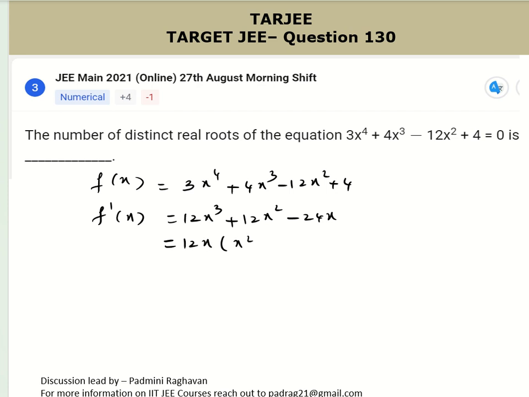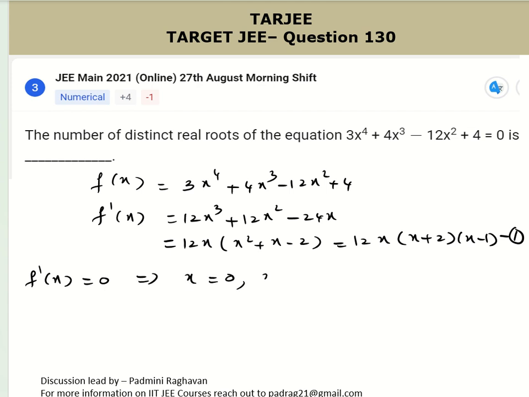You have x² + x − 2, which can be factorized as 12x(x + 2)(x − 1). This is our f'(x). To find the points of maxima and minima, let us equate f'(x) to 0. We get three turning points: x = 0, or x = −2, or x = 1. But we do not know whether these points are points of maxima or minima.